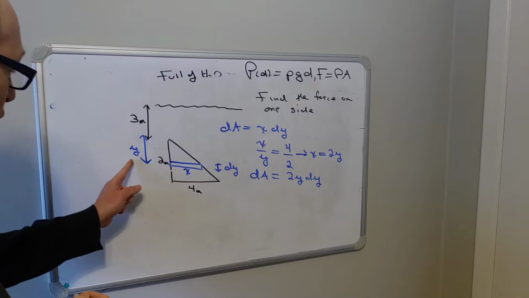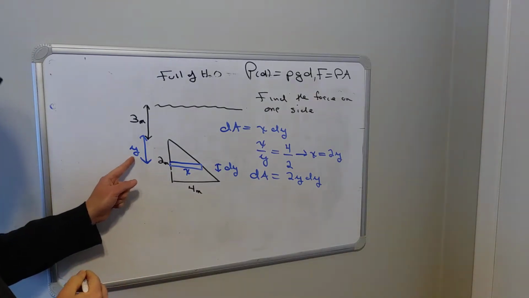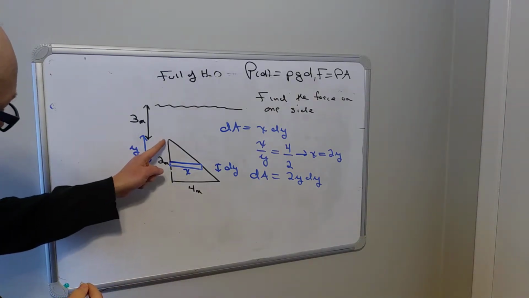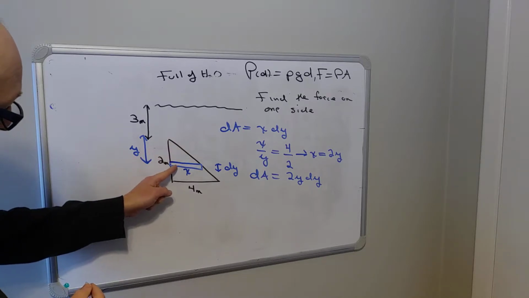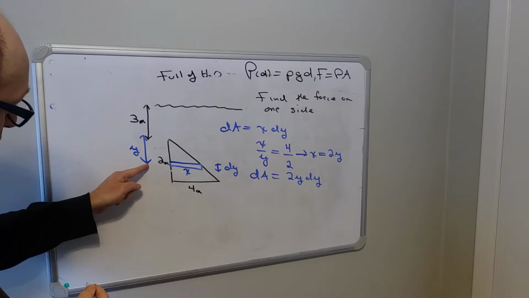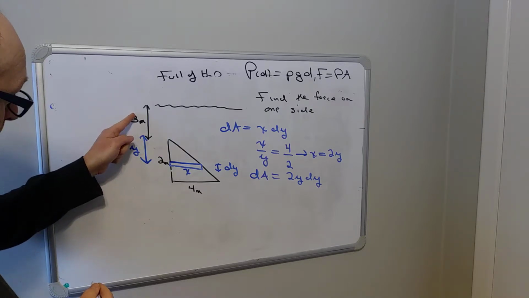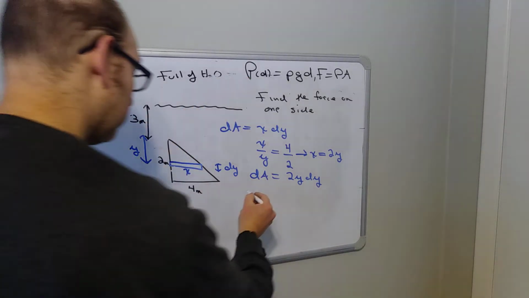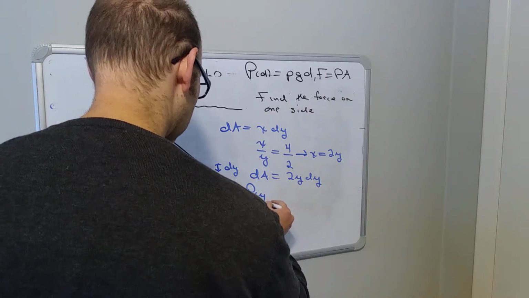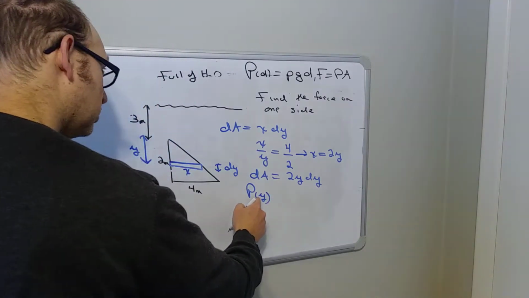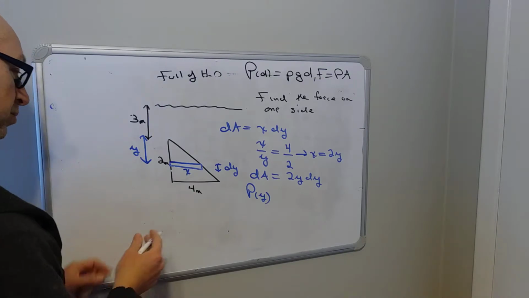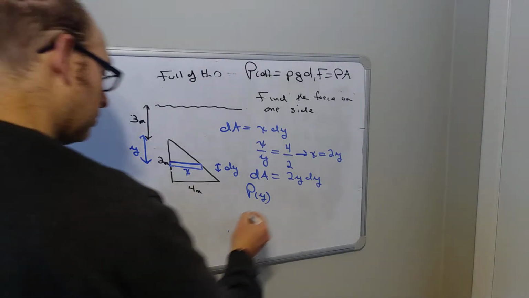Next, we need the pressure here. If y is the coordinate of this slice, its depth would be y plus 3. So using the depth formula, the pressure as a function of y is not the depth here. It's related to the depth.